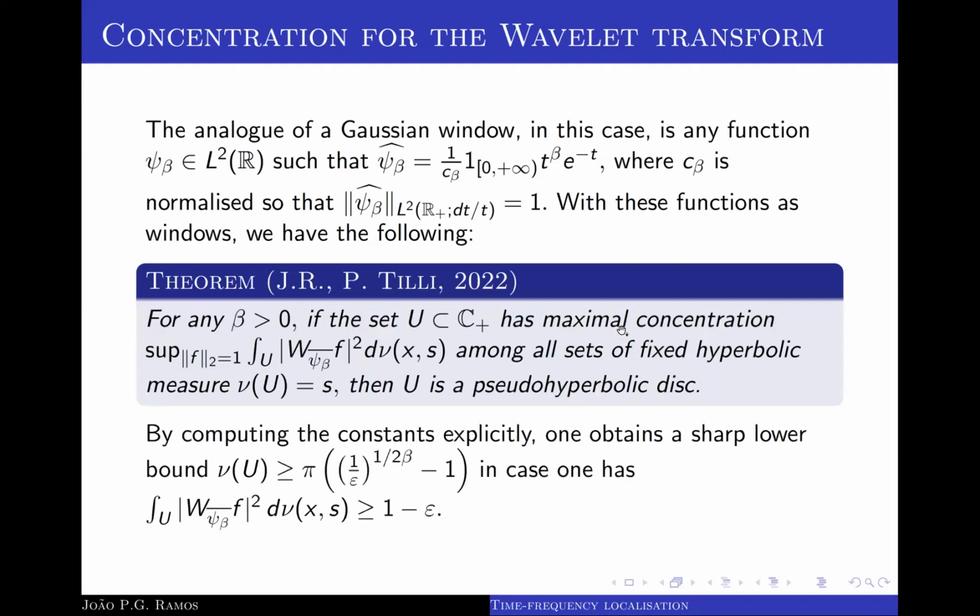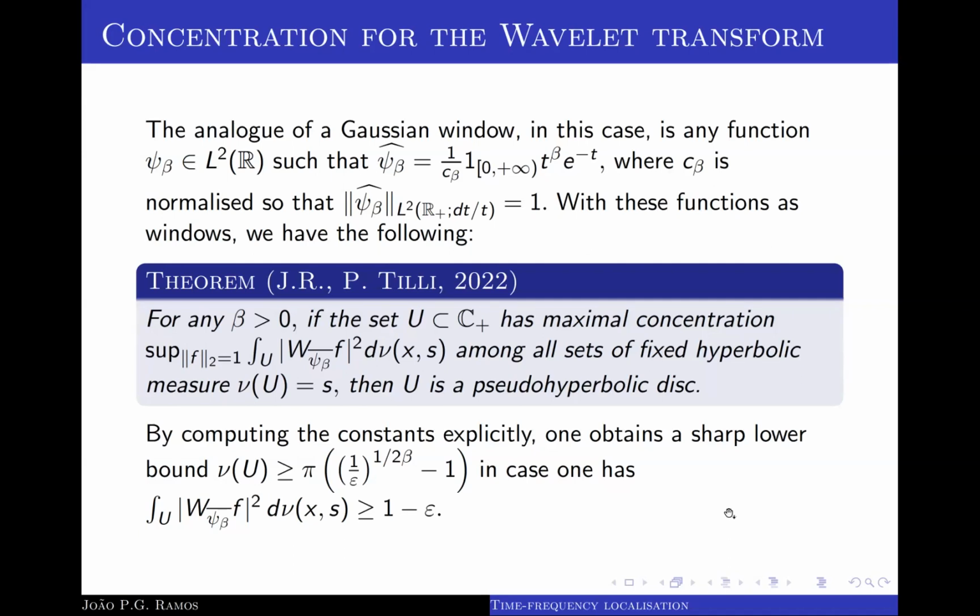And by computing the constants explicitly, you can obtain a lower bound on the hyperbolic measure of the set U, in case you know that the concentration is at least 1 minus epsilon. So if the concentration over a certain set with respect to these windows psi beta is at least 1 minus epsilon, then we know that the measure has to be at least pi times 1 over epsilon to the 1 over 2 beta minus 1.